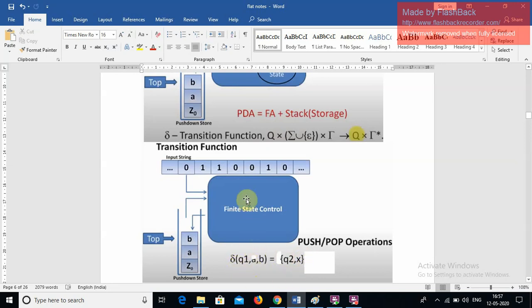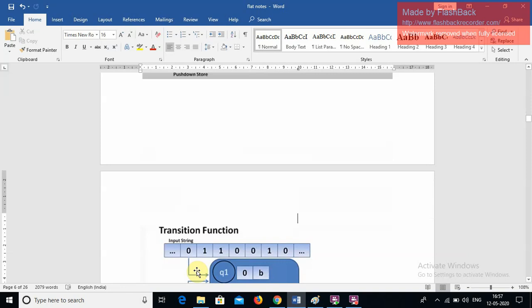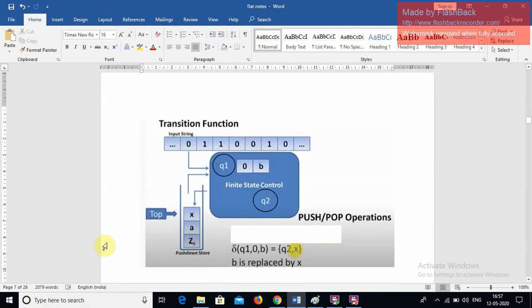So b is popped from the stack, and x is pushed into the stack. The diagram is given here, and the final result is given here. Q1 is the current state, q2 is the next state, 0 is from the input string, b is from the stack, which is popped, and q2 is the new state of the transition.